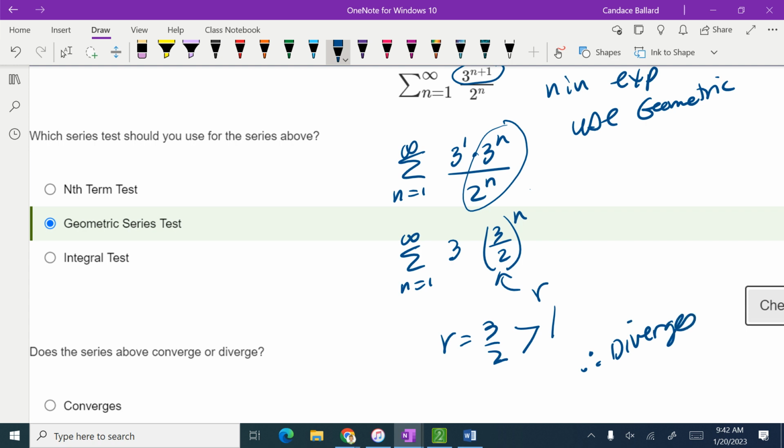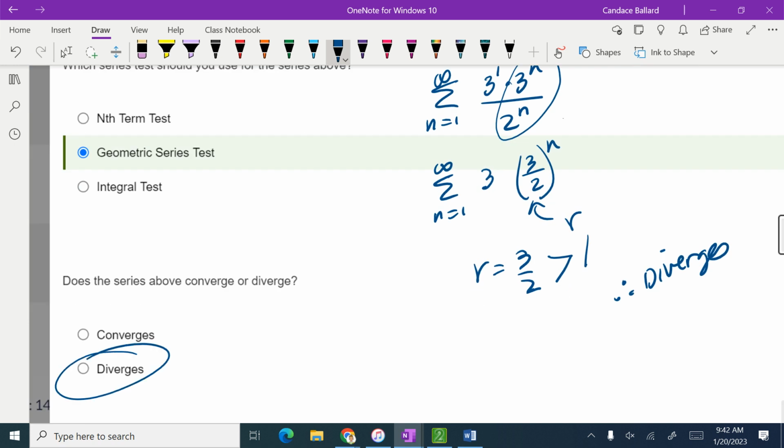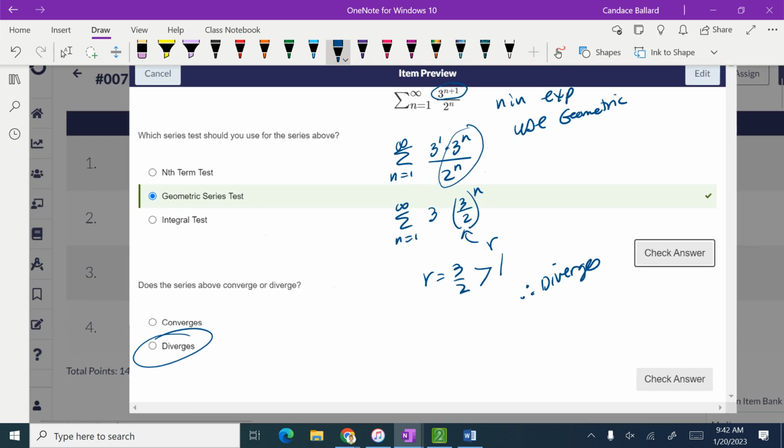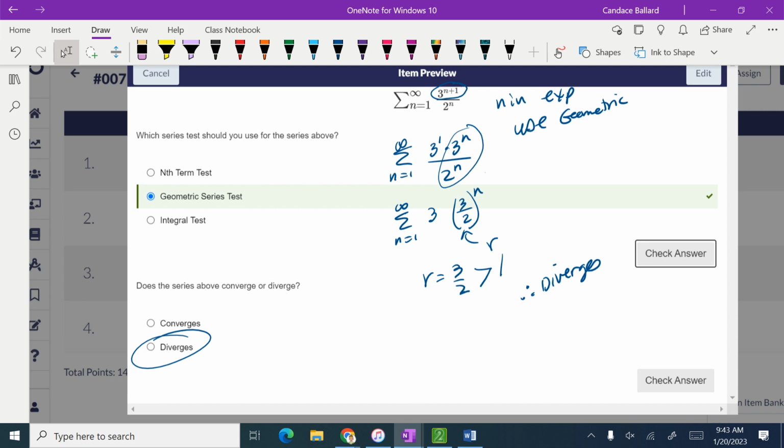I want you to make sure that you understand if the ratio is greater than 1 or less than 1, what happens. Okay. So that one should have been diverges. Okay. Good on the first one there. When we see a geometric one, we should be really thankful because geometric ones aren't so bad, because it's just finding that ratio.